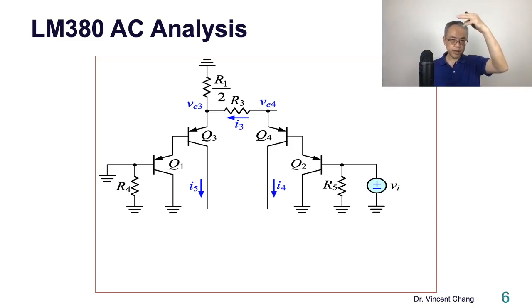If you remember, there is a bypass capacitance CB. When you conduct the AC analysis, you have to short circuit the bypass capacitance. So the resistance between the emitter of Q3, VE3, and the AC ground is half of R1.